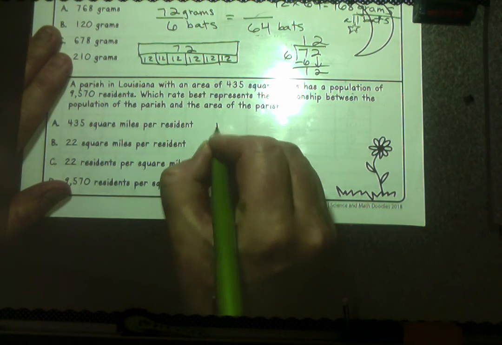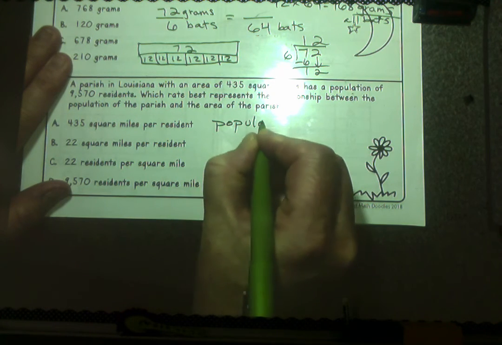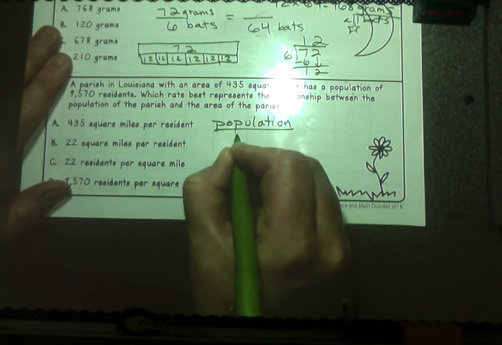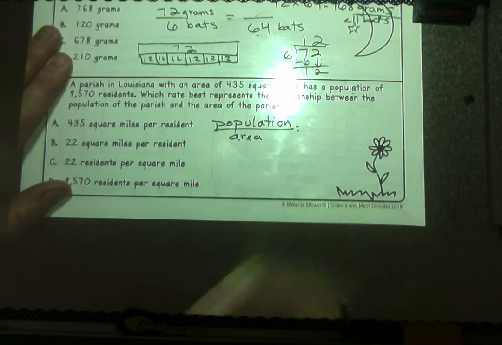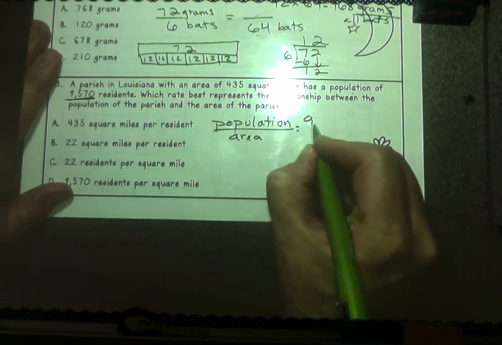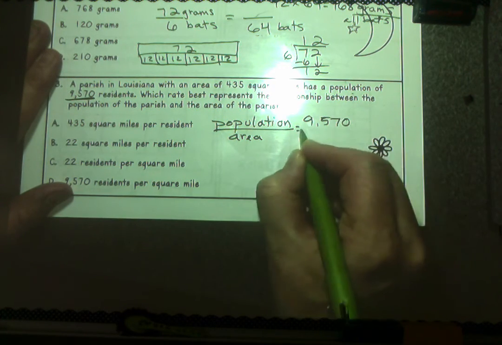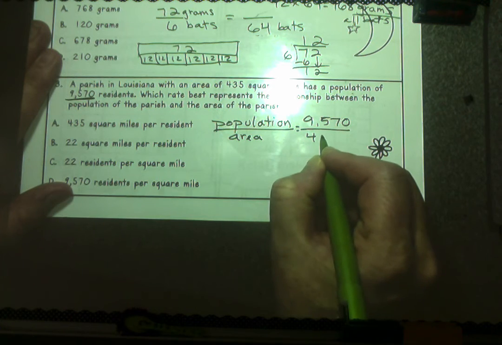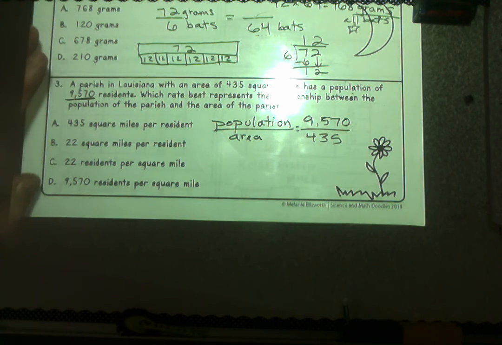Population over area. Good. What is our population? 9,570 over 435. Okay. What are we going to do now? Divide. You have to actually divide it out.